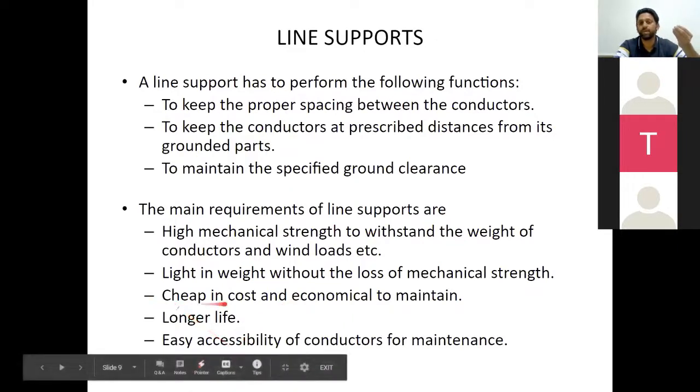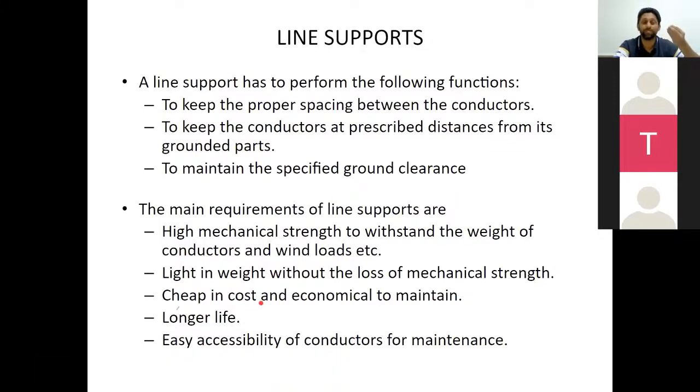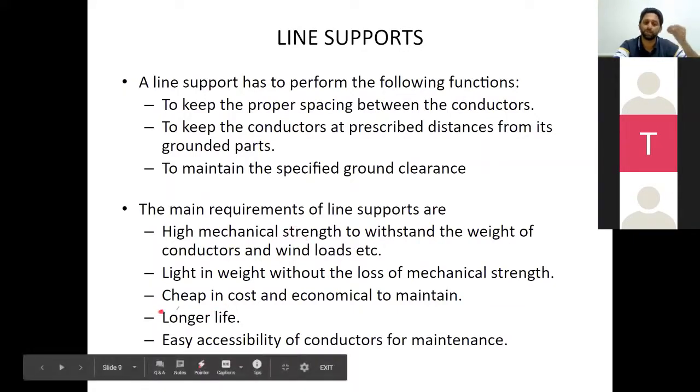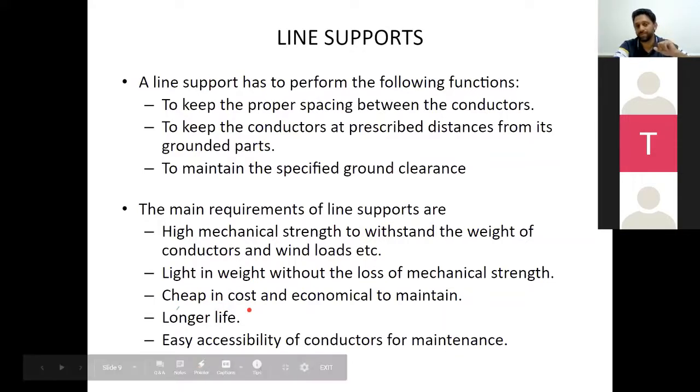Another one, cheap in cost. You have to use low cost materials, not cheap, but without compromising safety, strength, etc. You must use the proper material of lowest cost. Again, longer life is important.